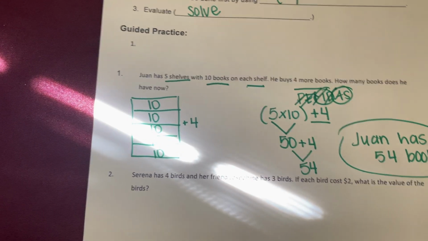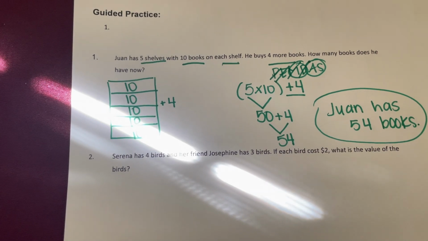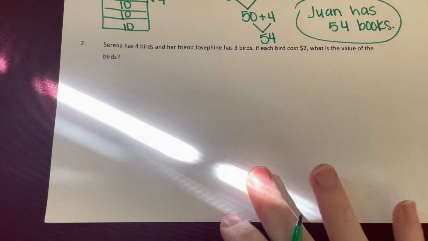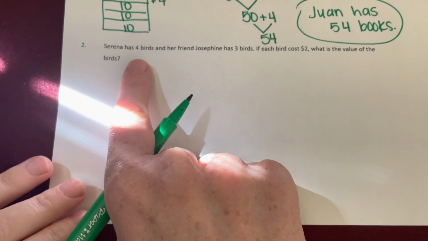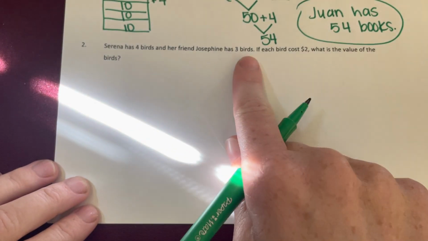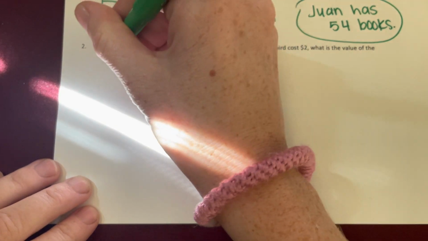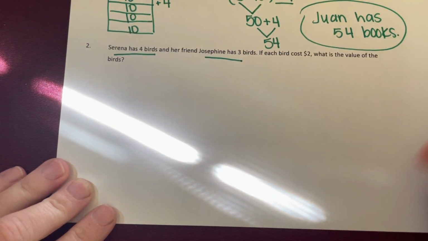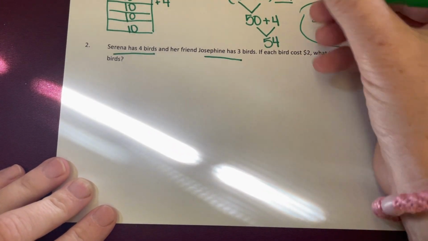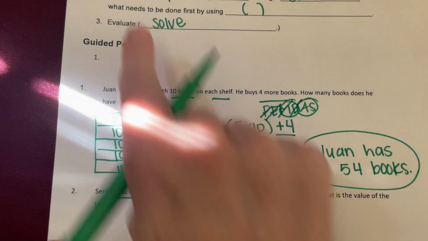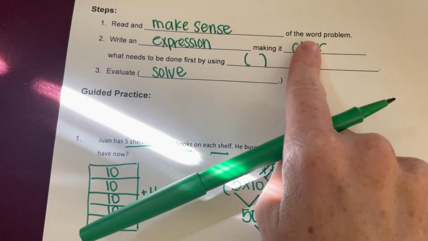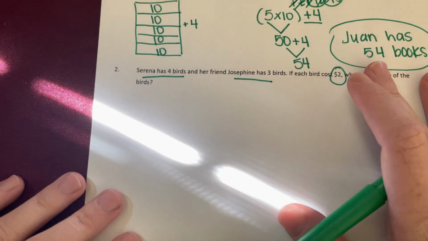Okay, question number 2. Serena has 4 birds and her friend Josephine has 3 birds. So Serena has 4, Josephine has 3. If each bird costs $2, what is the value of the birds? So step number 1 is read and make sense of the word problem. We kind of did that. I'm going to draw.